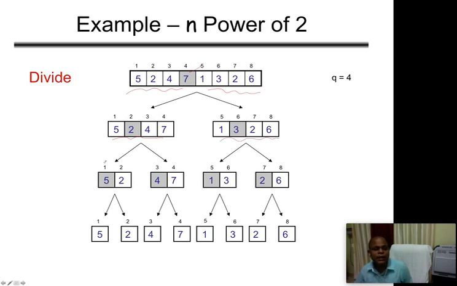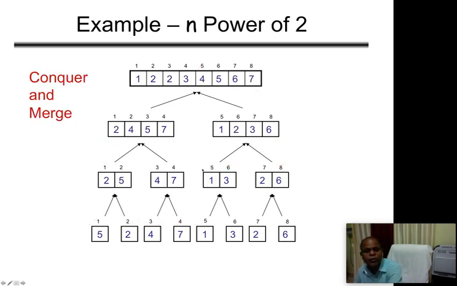Now again 1 to 4 is divided into two parts, and similarly this is also divided. Division goes on until we reach individual elements where no further division is possible, and that is called divide. Now in the conquer, what is happening?